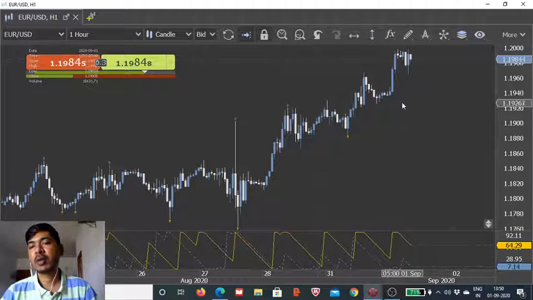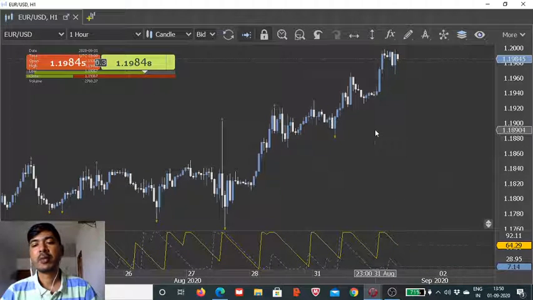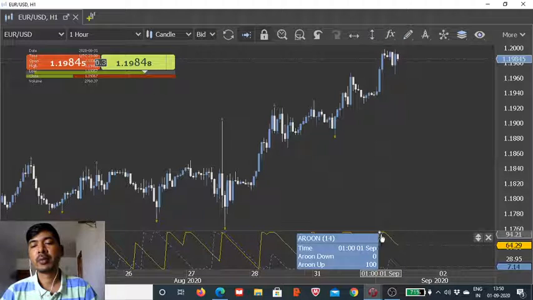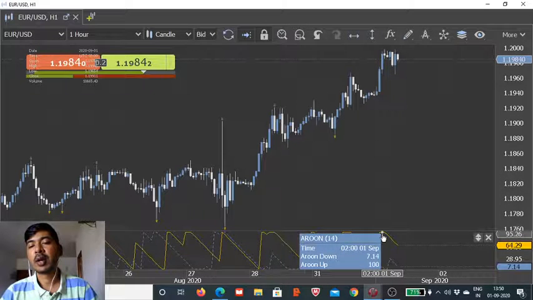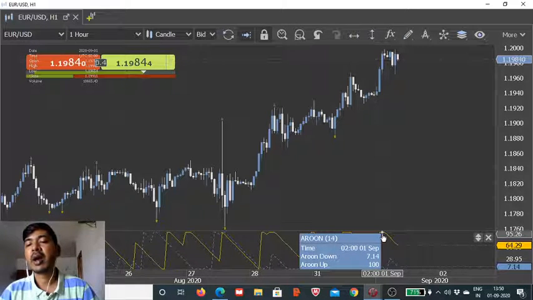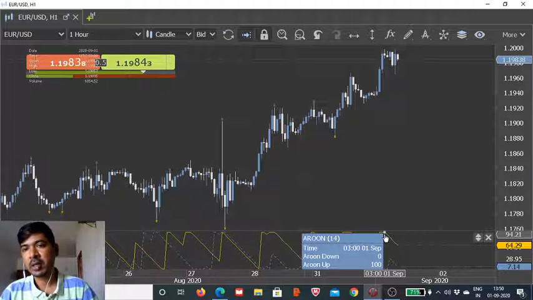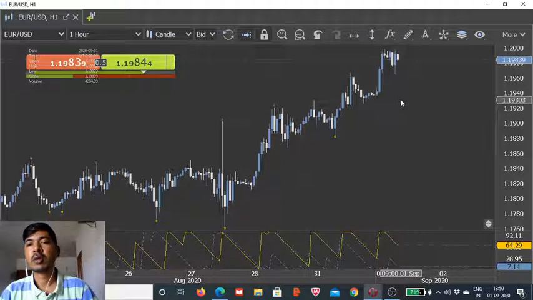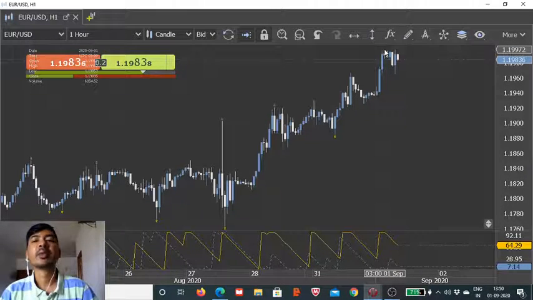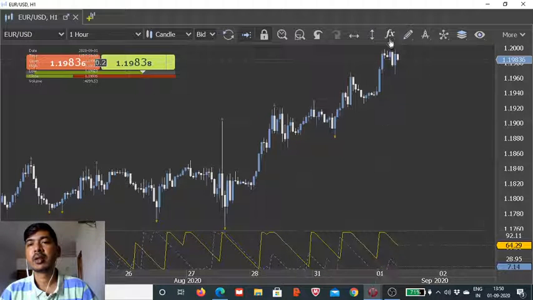As I tried to explain, we are looking at the highest price level for the last 14 hours, and that was the case at 3 GMT. Here this is 3 GMT, and this is the highest AROON up value at 100, and this is the 14-hour high.